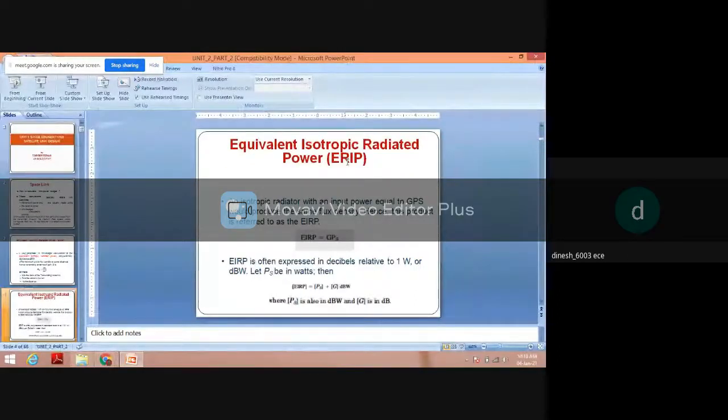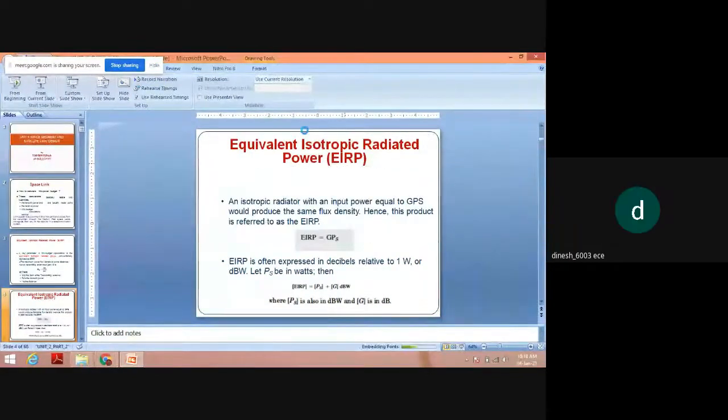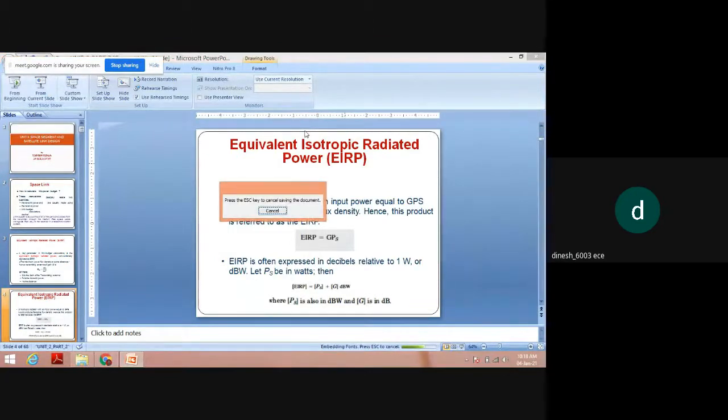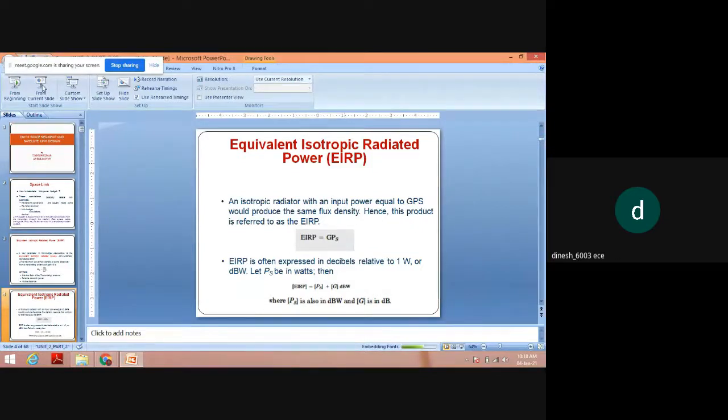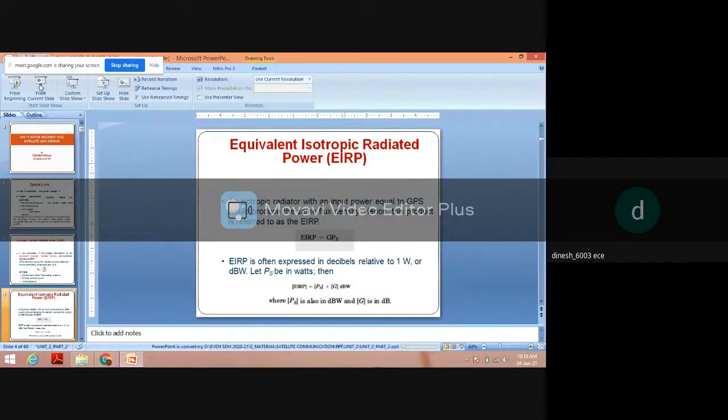An isotropic radiator with an input power equal to G Ps would produce the same flux density.